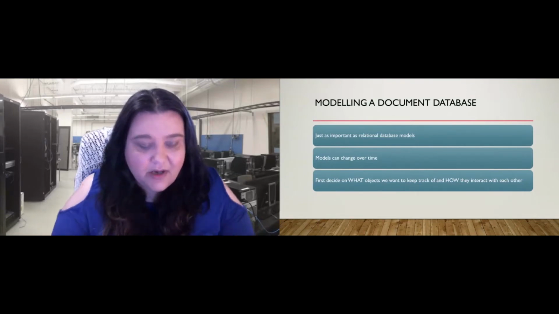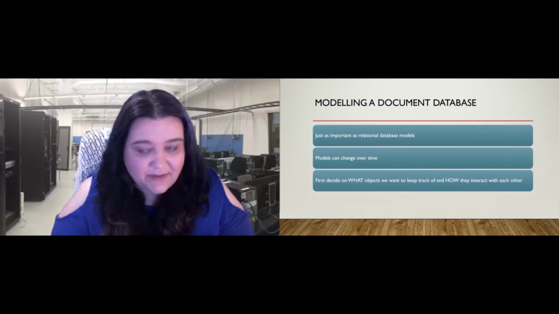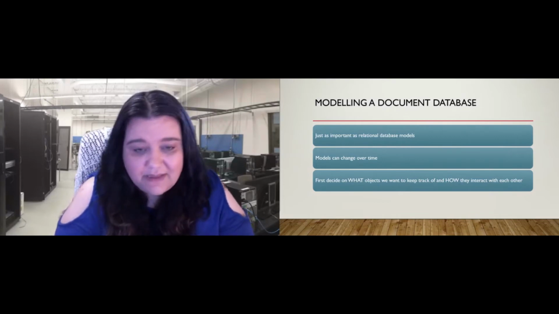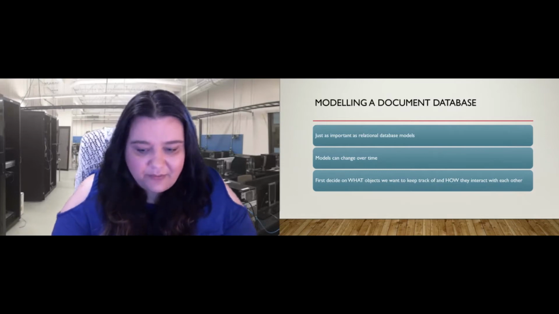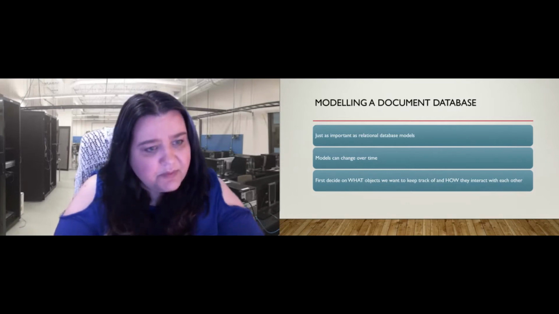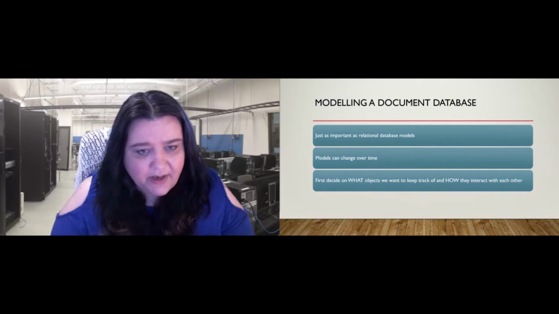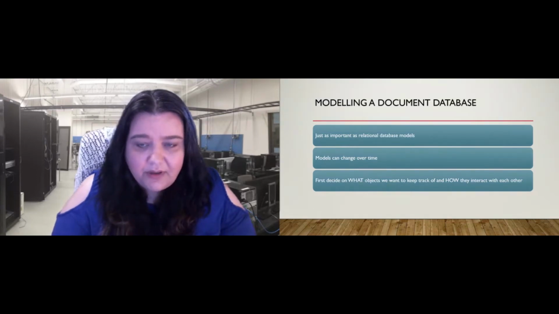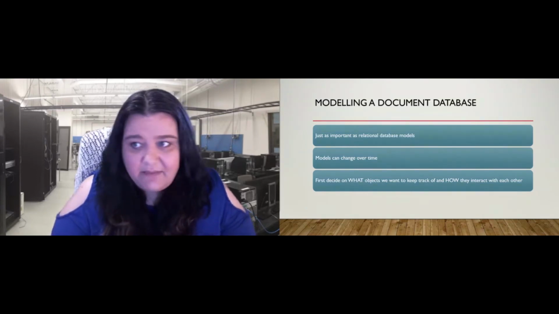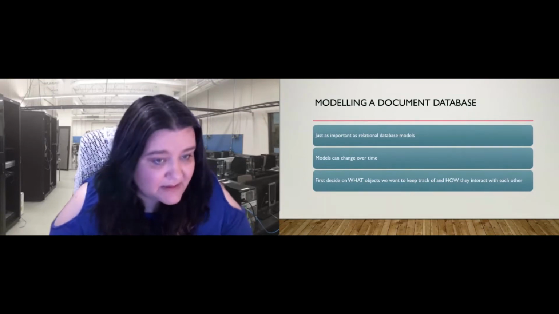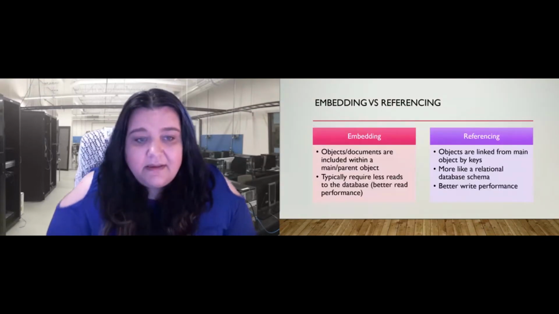So in what context are things being accessed? Are they going on a report? Are they going on some kind of dashboard? What items are going on a dashboard? And that's so that we know when we're building out our objects, we know what things we can embed and what things we want to reference instead.